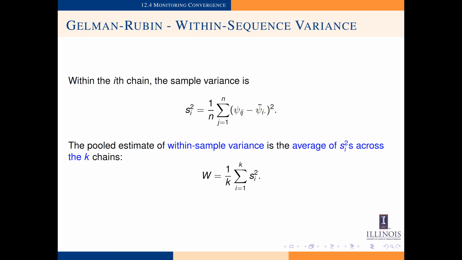And then the pooled estimate of within sample variance is the average of Si squares across the k chains, and we denote it by W. As you can see, the within sequence variance captures the expected amount of deviation of one single iteration psi ij with the average of the entire chain.